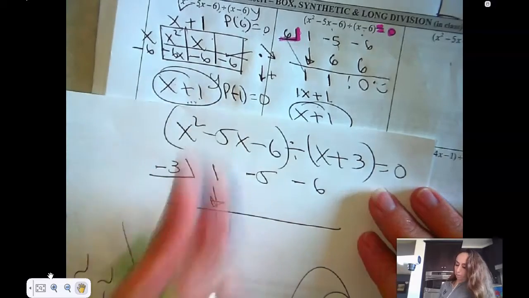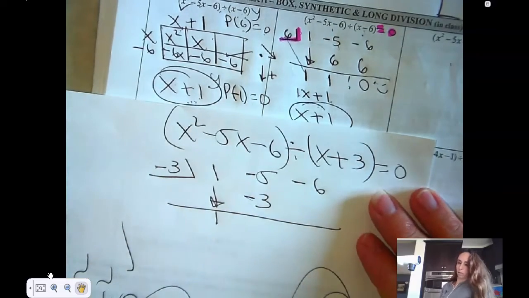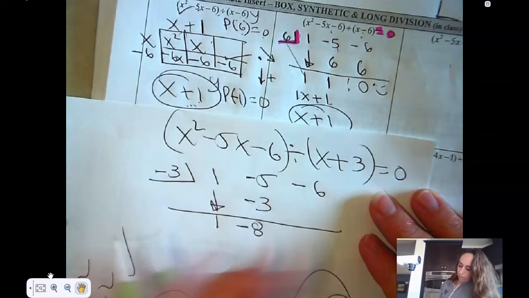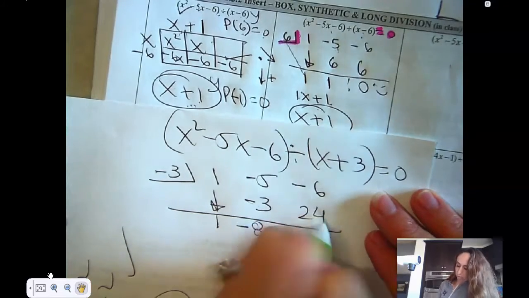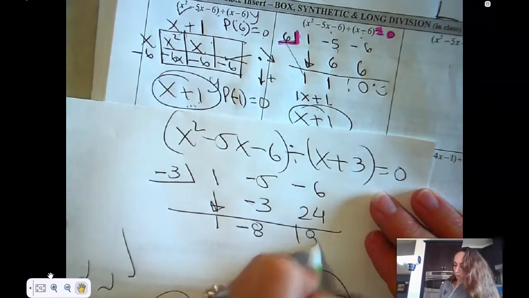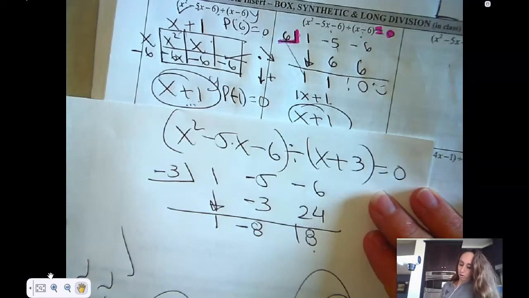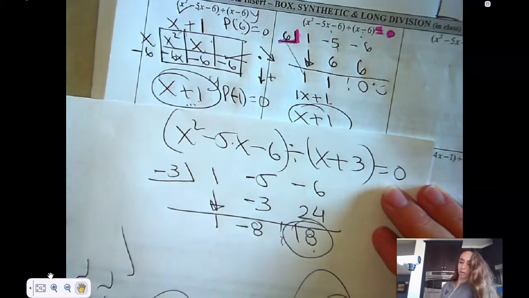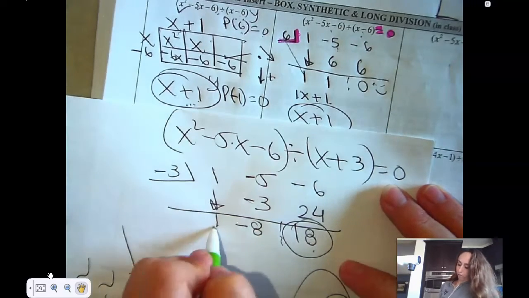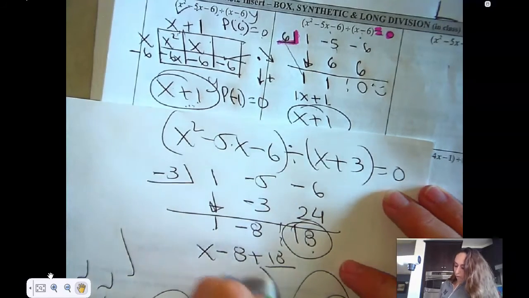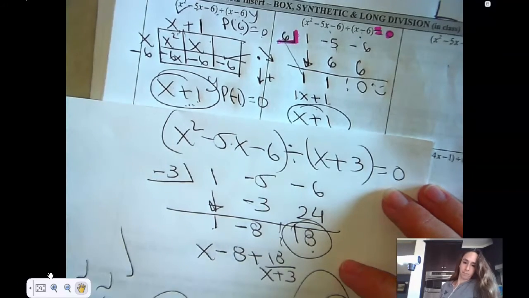When I go diagonal, negative 3. When I go vertical, add. When I go diagonal, multiply. When I go vertical, add. Is this a factor of this? No, because there's a remainder. The answer is x minus 8 plus 18 over x plus 3.